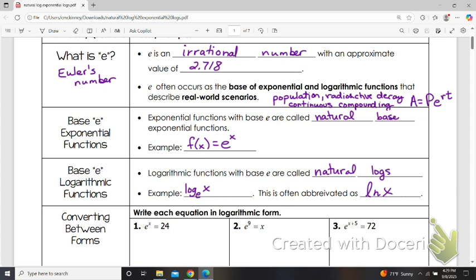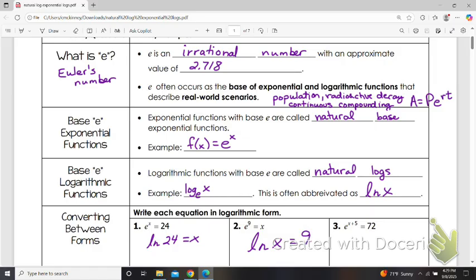The guy who is by himself is our argument. We know we've got our exponent, so instead of writing log, we're going to write ln, and then the 24, the argument, and then equals the exponent. So ln of x equals 9.